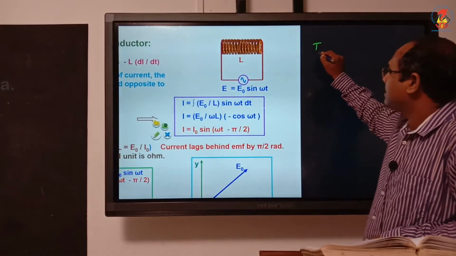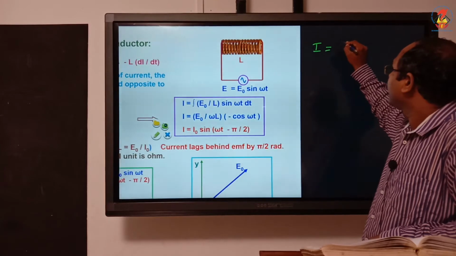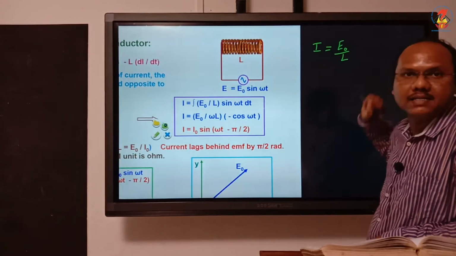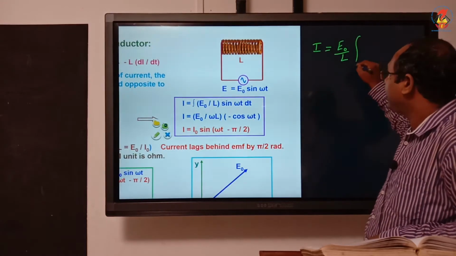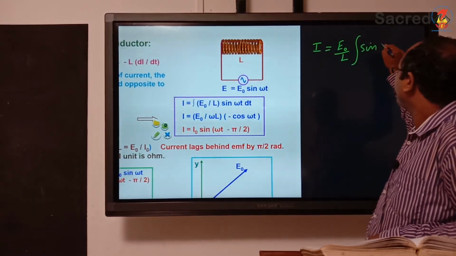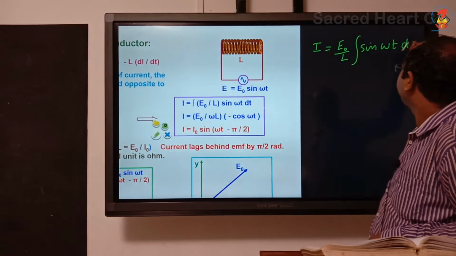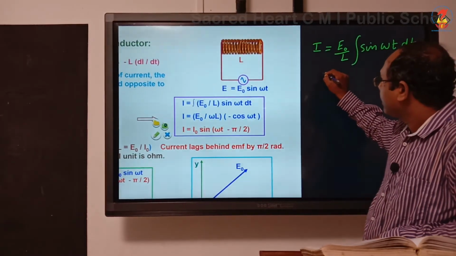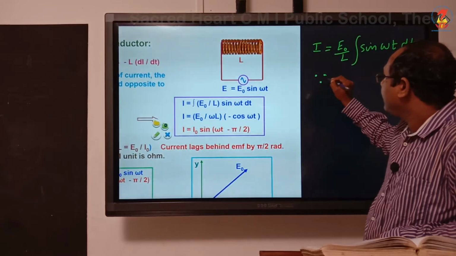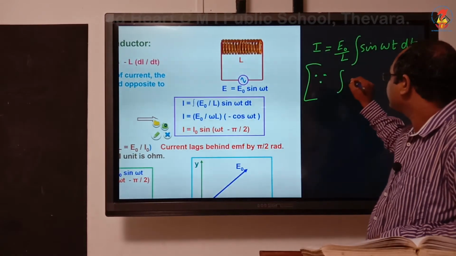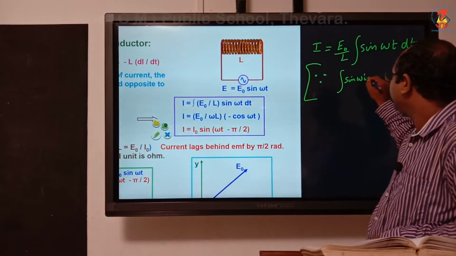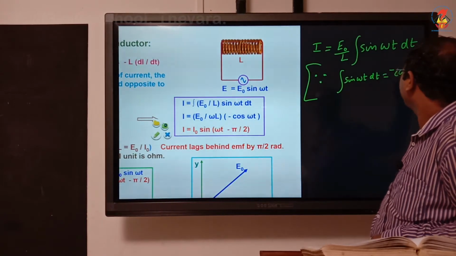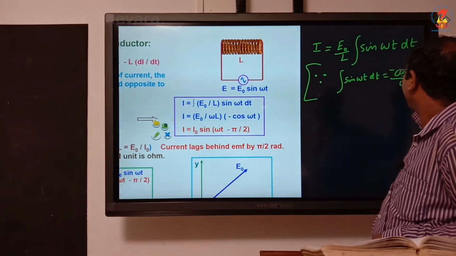I is equal to E0 by L, that is a constant, into integral sin omega t dt. Integral sin omega t dt is equal to minus cos omega t divided by omega.